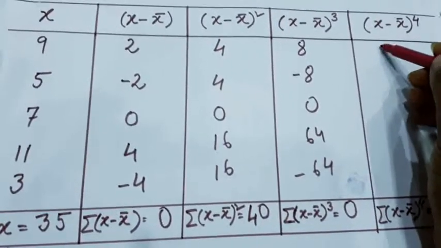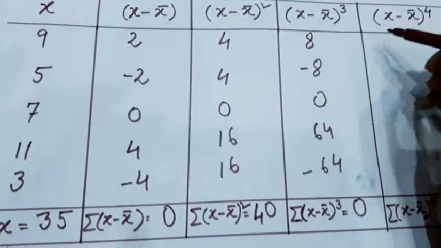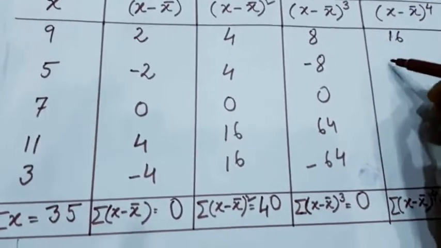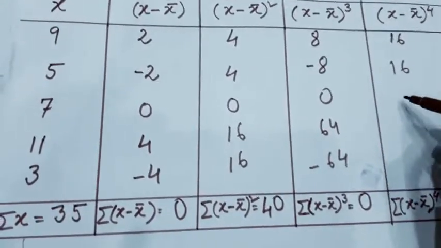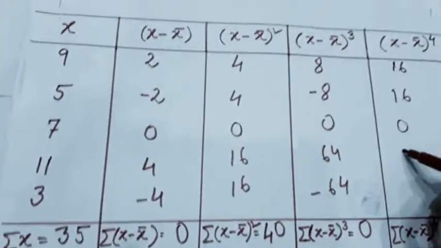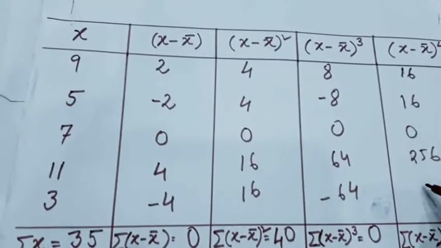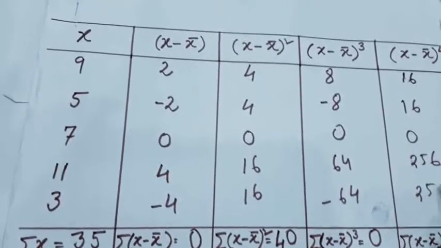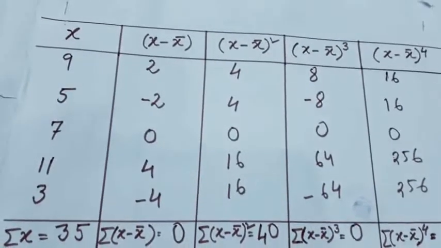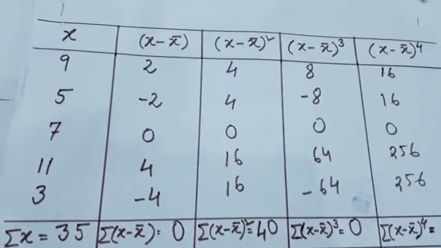4 square, it is 16, 4 square 16, 0 square 0, 16 square 256, minus 16 square, 16 square again 256. Now you have to add up all this. 16 plus 16 plus 0 plus 256 plus 256.